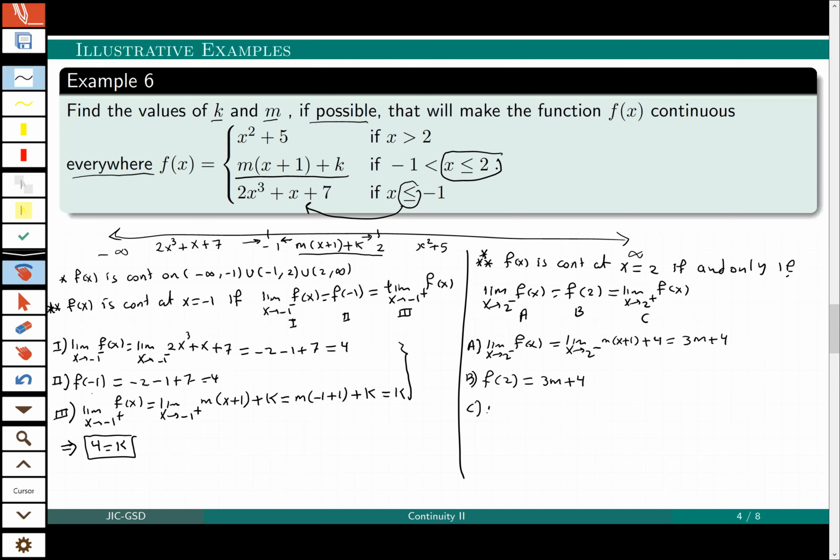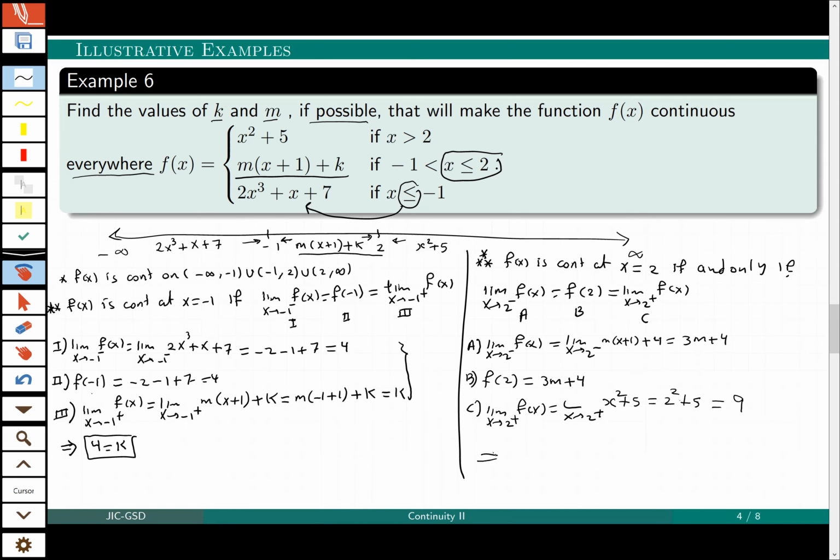C, what's the limit of the function when x goes to 2 from right? When I go to 2 from right, it is x squared plus 5, which is 2 squared plus 5, which is 9.